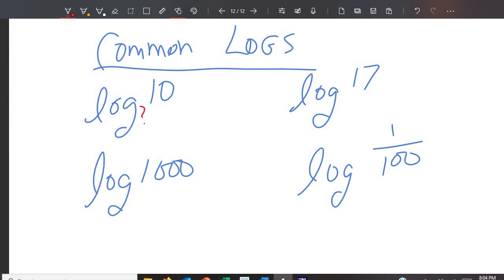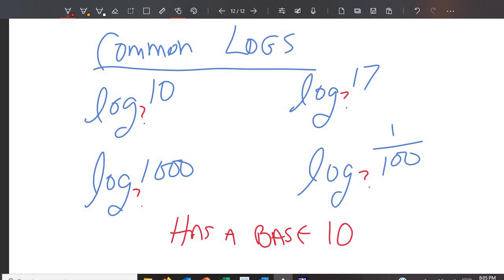There's no little number here. Well, so what does that mean? It's got to be a number there somewhere. Common logs always have a base of 10. So if you see the word log and you don't see a little number right below it, that is a common logarithm.